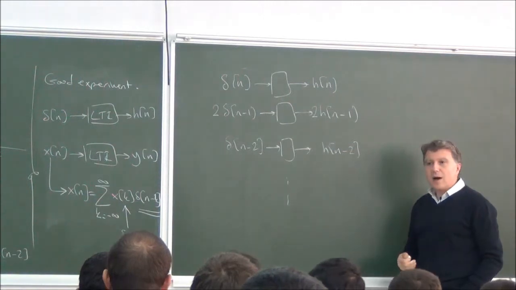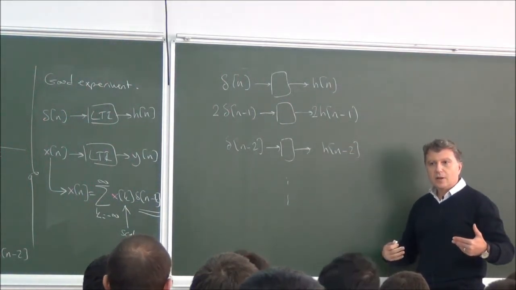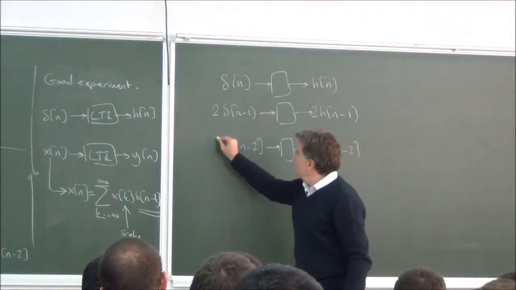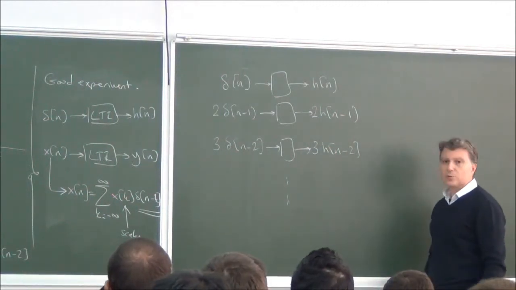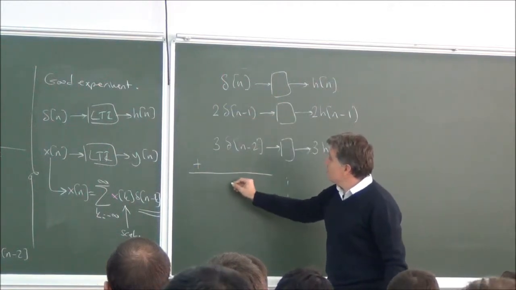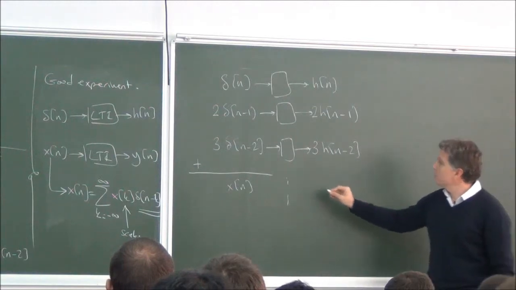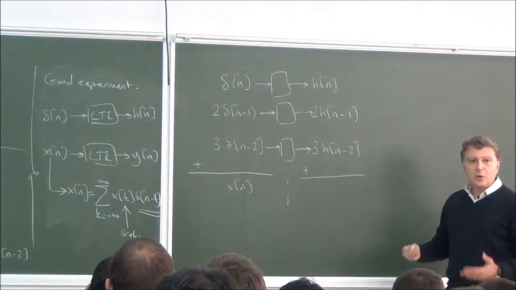Working the same way. Why is the input scaling the same as the output? Yeah, that's the linear system which is also given. And 3 times delta n minus 2 will produce 3 times h of n minus 2. And we say that the input is the summation of these things. So what is the output? The output is the summation of these individual outputs then. You must add them up.